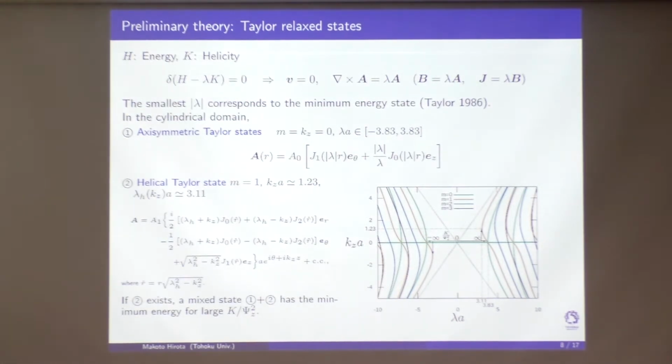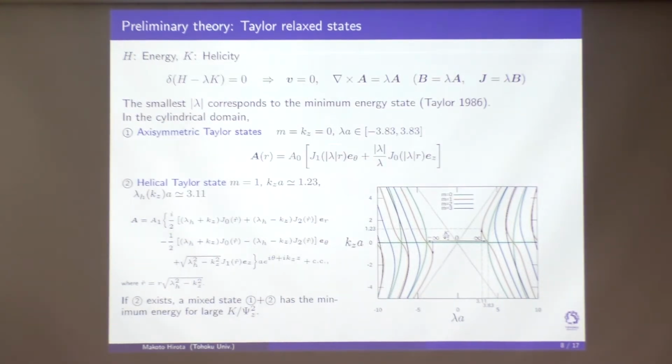And in the cylindrical geometry, we can solve this equation analytically. One candidate for the minimum energy state is the axisymmetric solution, so m and the wave number for z are equal to 0. And this is the solution given by the Bessel functions J1 and J0. This is the analytic solution.